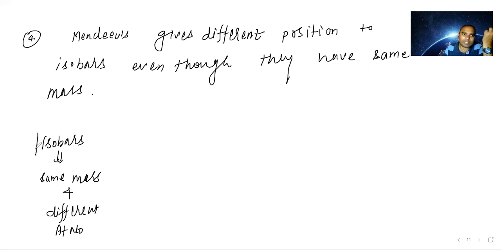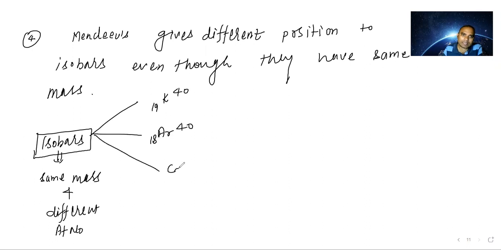So let's try to understand. Suppose we have potassium, which is 19 and 40. Argon is 18 and 40. Next is calcium, 20 and 40. If you see all of these, the mass is 40, 40 and 40.